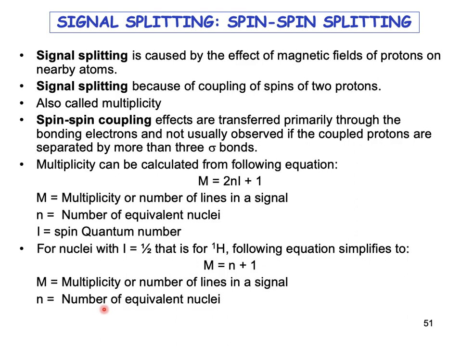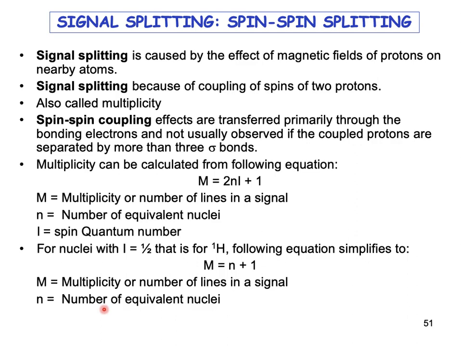The third one is signal splitting, which is caused by the effect of the magnetic field of a proton on a nearby atom or proton. So it tells us the environment of the molecule, right? Because of this environment, the signal of a specific chemical shift will be split into a different splitting pattern.